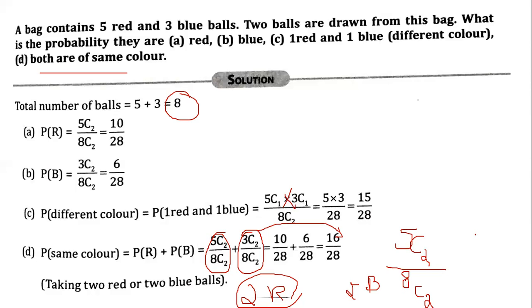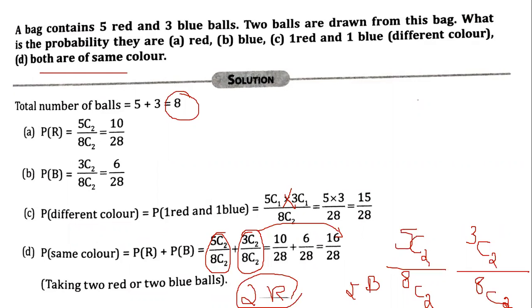Now similarly, the calculation for 2 blue balls. There are 3 blue balls, out of which I am selecting 2. And the sample space is again 8C2, out of a total of 8 balls, I am selecting 2. Now, what is the main question? Both are of the same color.